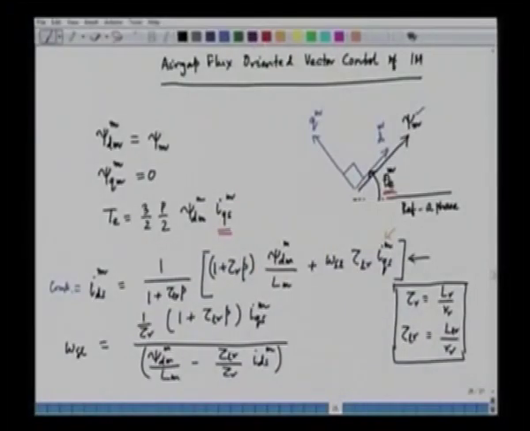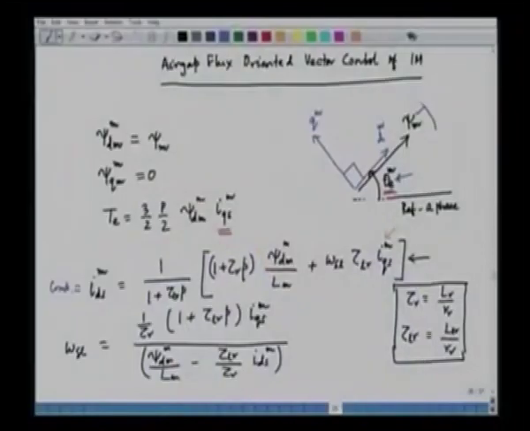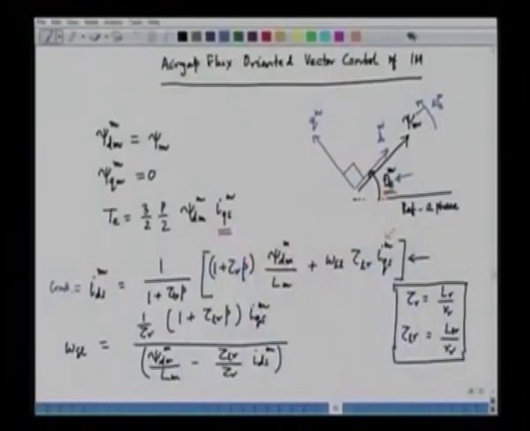So, this angle of transformation has to be obtained, and to obtain it we have to find out the speed of the air gap flux vector. The speed of the air gap flux vector is omega E m. And to obtain this omega E m, we have to have a knowledge of the slip speed. And omega E m is obtained in the following fashion.